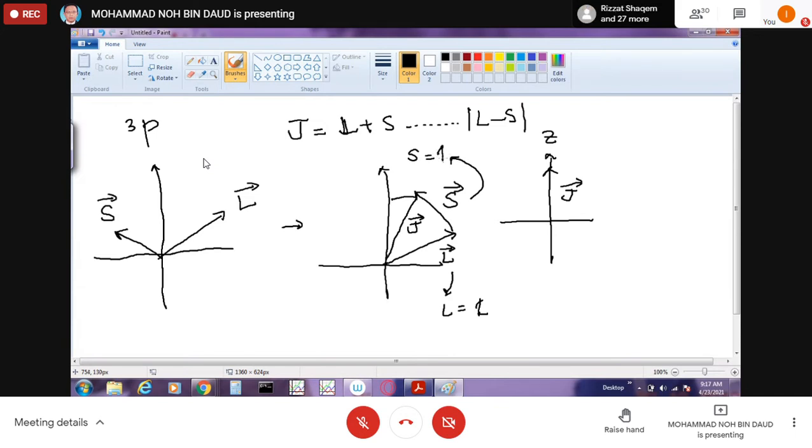This is 2S plus 1, to get this triplet state, triplet P state.